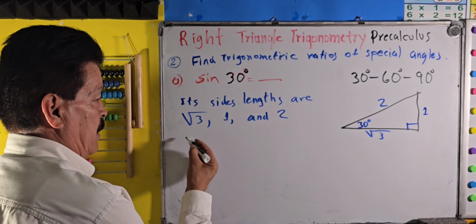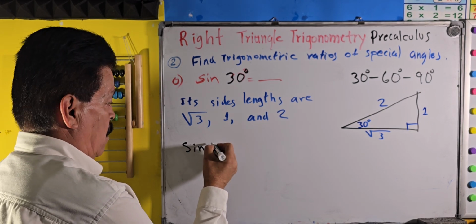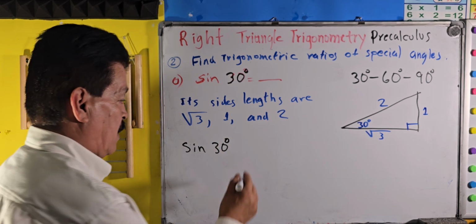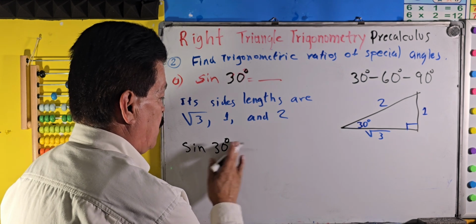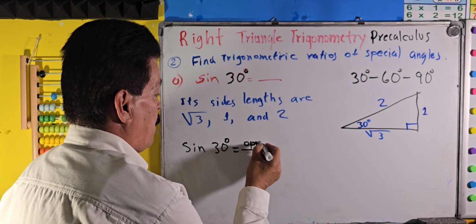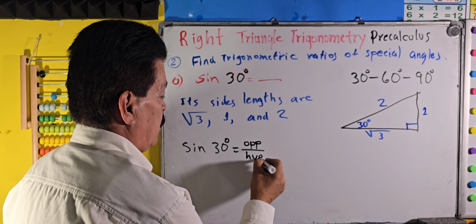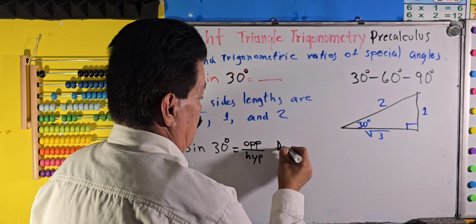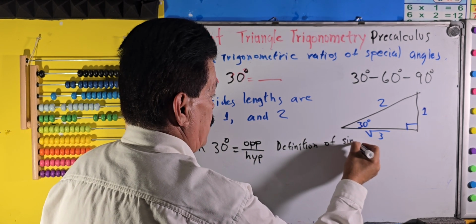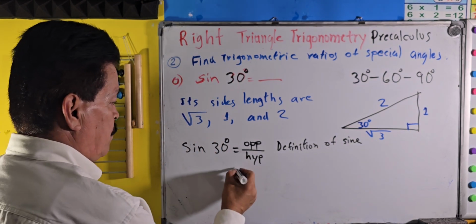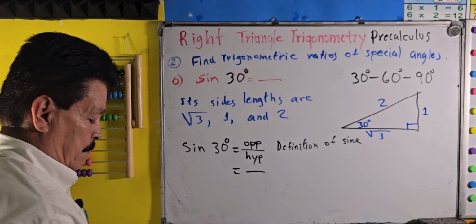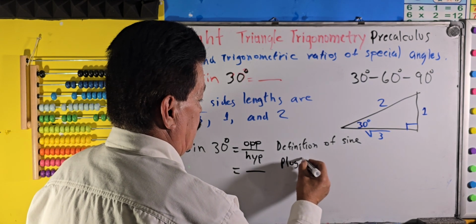Now, we have to write sine right here, 30 degrees. So this is equal to, and the definition that I gave you before is opposite over hypotenuse. This is the definition of sine. So we have to plug it in.